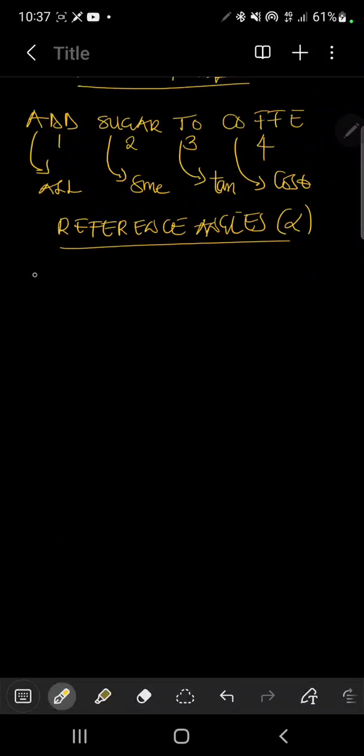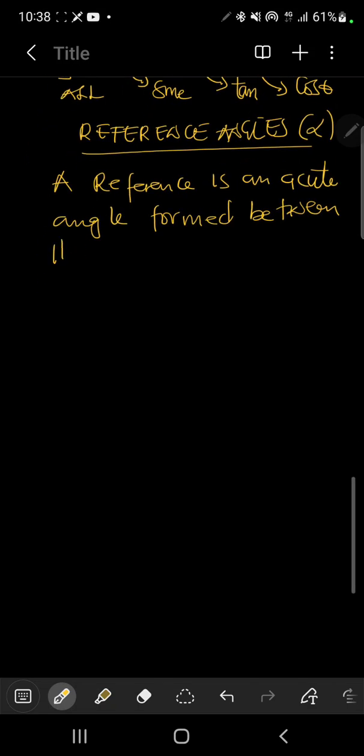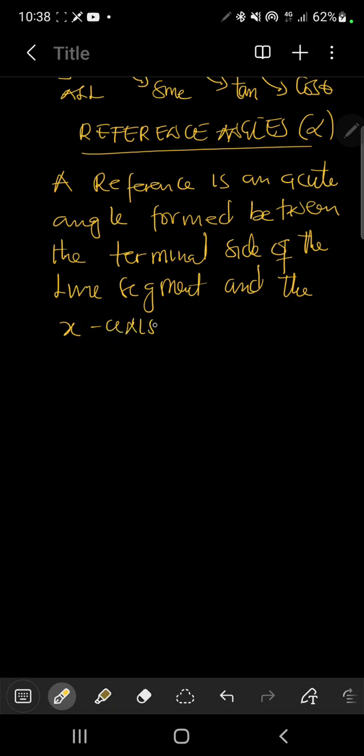Let us define it. Definition. A reference angle is an acute angle formed between the terminal side of the line segment and the x-axis.